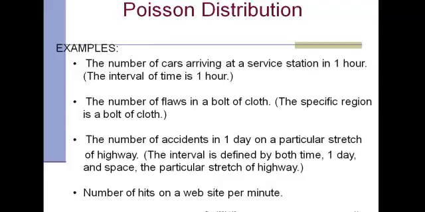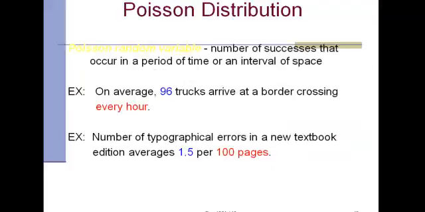So the interval is, as it tells you here, defined both by time, 1 day, and space, the particular stretch of highway. The number of hits on a website per minute. All of those are Poisson applications. So a Poisson random variable is the number of successes that occur in a period of time or an interval of space.